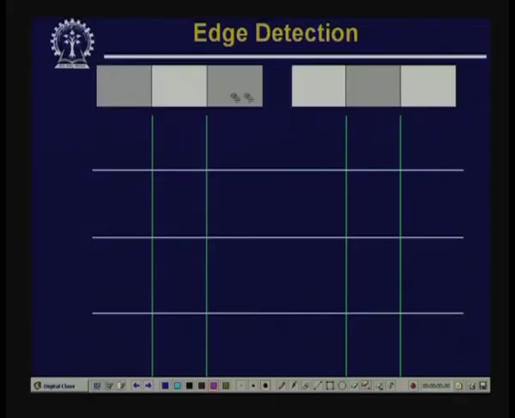Now, if I try to draw the intensity profile along a horizontal line, it will be something like this. You have a transition from a dark region to a bright region, then from bright to dark, whereas in the second case the transition will be in the other direction: bright to dark and again to bright.